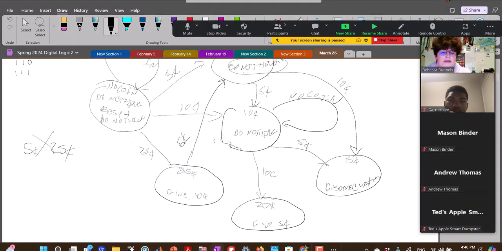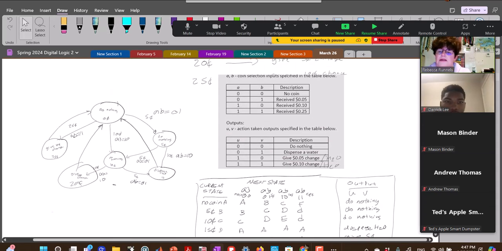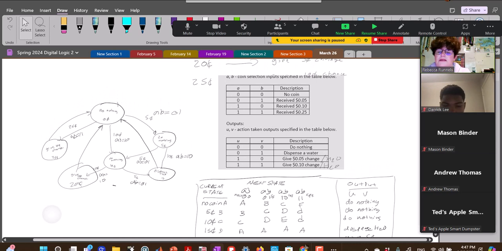Okay, so now I need to figure out what happens with these states with my 15 cent. I think, what did I do this time? I don't think I did this right.